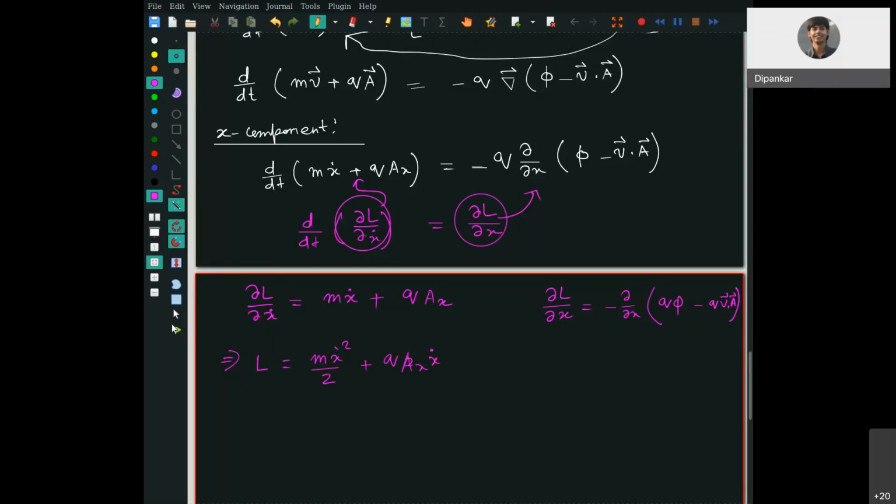Now, since I am partially differentiating with x dot, I can add a quantity that depends on the other things like y dot, z dot, and of course x, y, z.